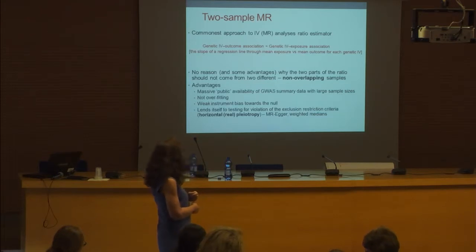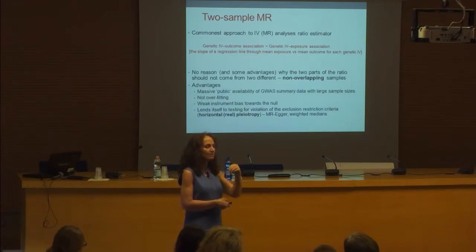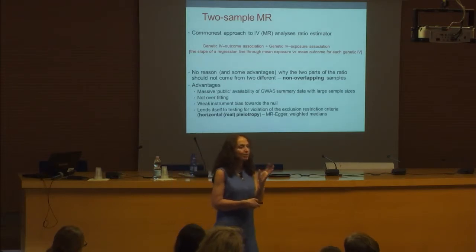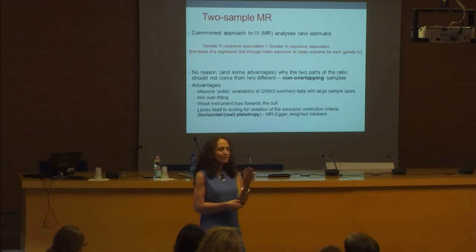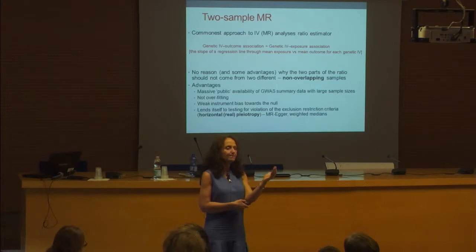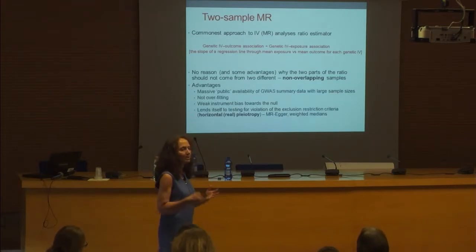Same is true when you have what's called weak instrument bias, so where actually you've got a low R squared or a low F statistic in terms of the relationship between your genetic variants and your risk factor. That can occur in either one sample or two sample MR, but in one sample MR it biases towards the exaggerated confounder effect. In two sample MR it biases towards the null, and we're sort of conservative as epidemiologists and tend to prefer the bias towards the null.